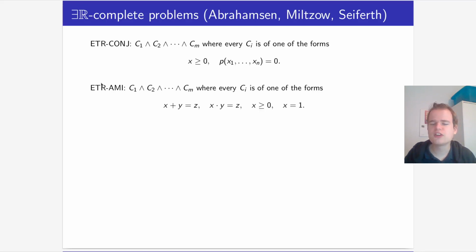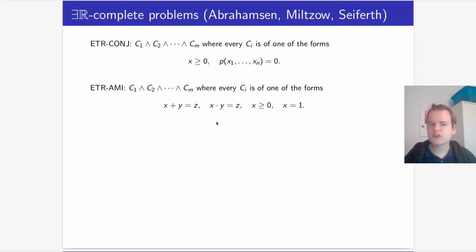But we can simplify this even further to, for example, ETR-AMI, where we replace these polynomial constraints by only allowing polynomials of very specific forms. So we have this addition constraint, this multiplication constraint, and we also still have this inequality constraint and some extra constraint. And this is still ER complete, basically because every polynomial can be written using just additions and multiplications.